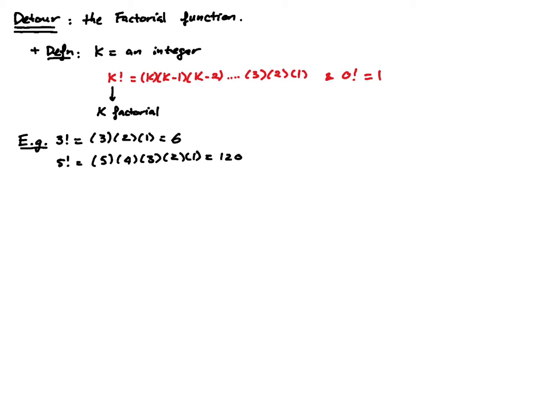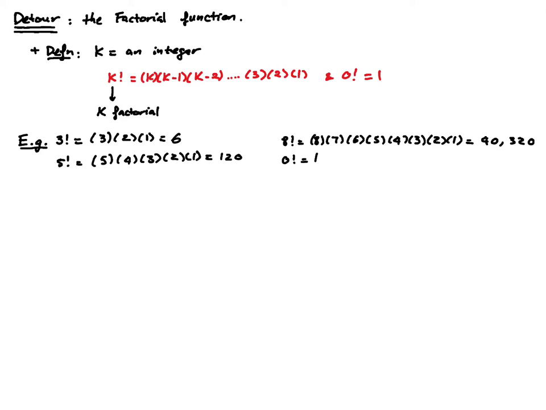And then 8 factorial, for example, is going to be equal to 8 times 7 times 6, 5, 4, 3, 2, and 1. And that gives 40,320. And then, of course, 0 factorial is going to be equal to 1. So nothing too fancy about this, right?